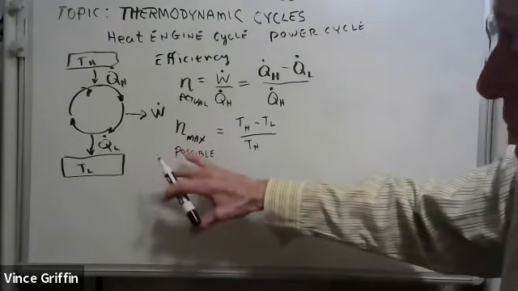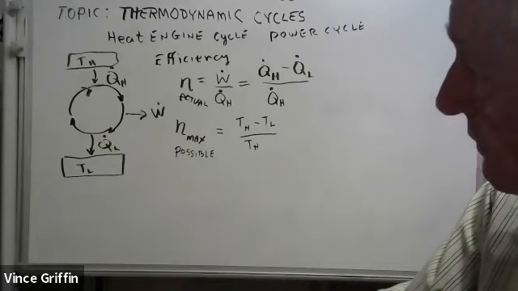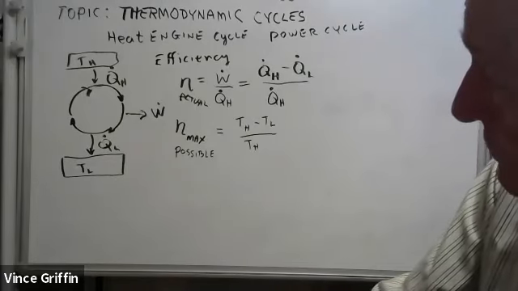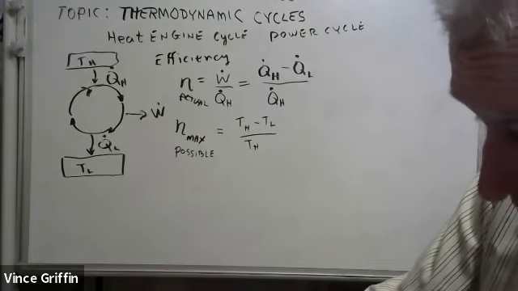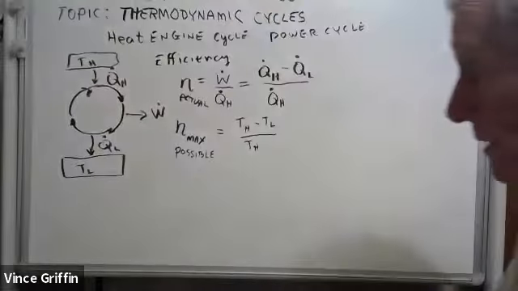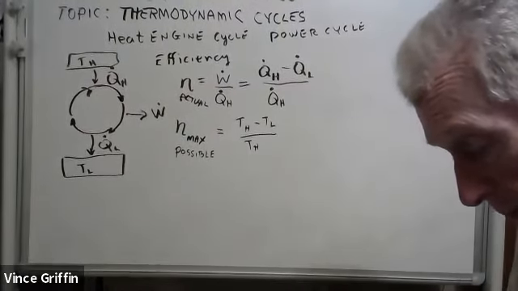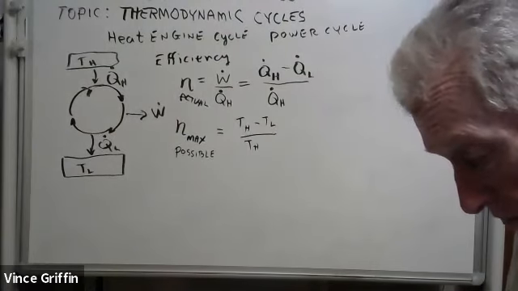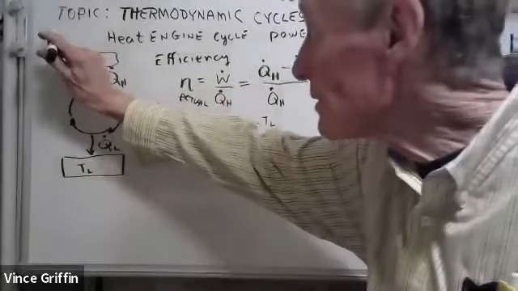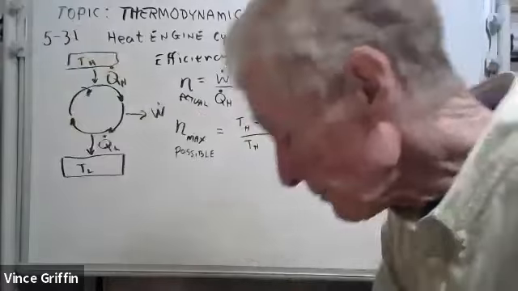And they have a maximum possible efficiency based on the Kelvin temperatures. Well, there you have it. There's your facts for the heat engine. And let's do a problem. Then we'll do the other two kind, the refrigeration cycle and the heat pump cycle. Now this first problem we're going to do is 531. So we're going to do 531. Let me find it here.